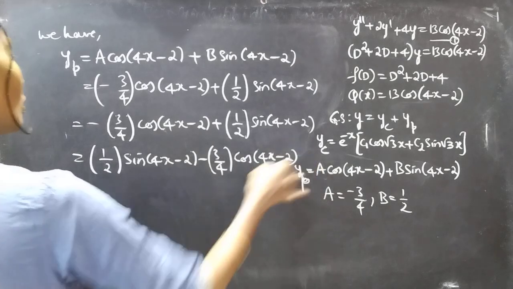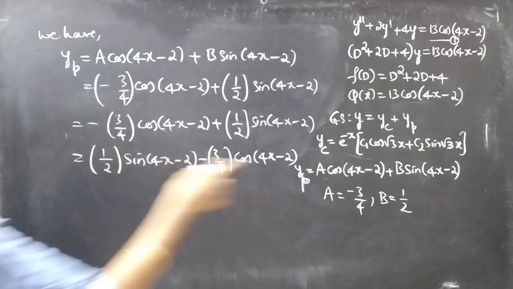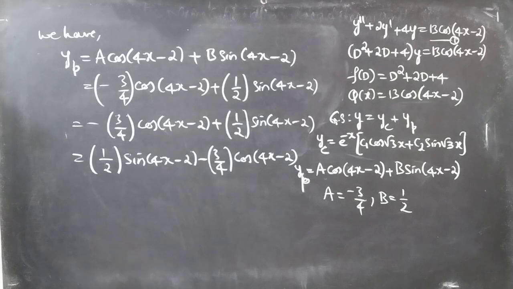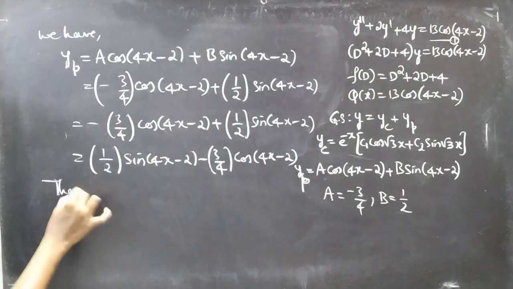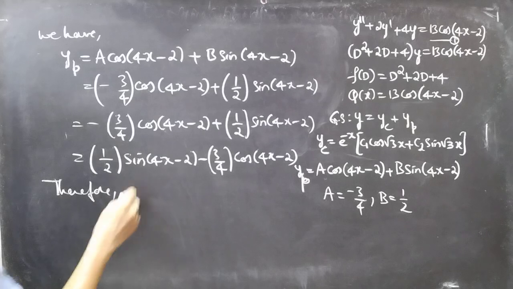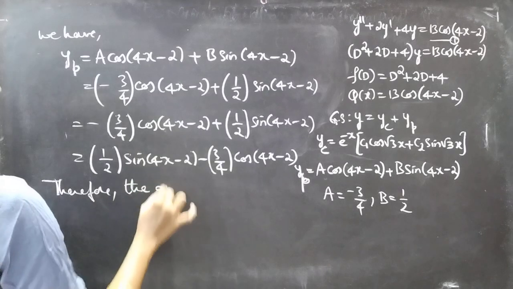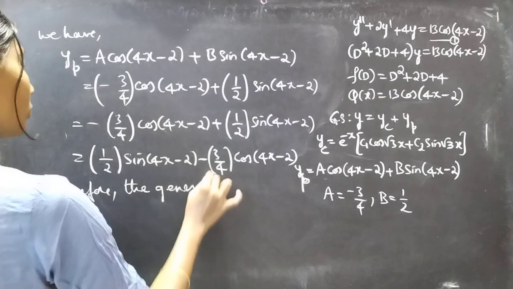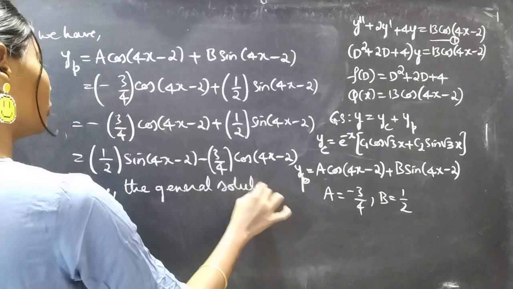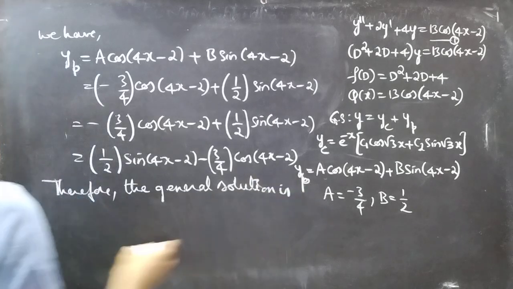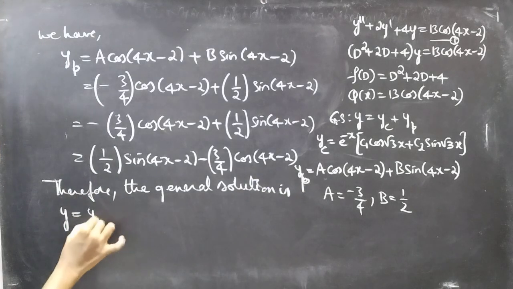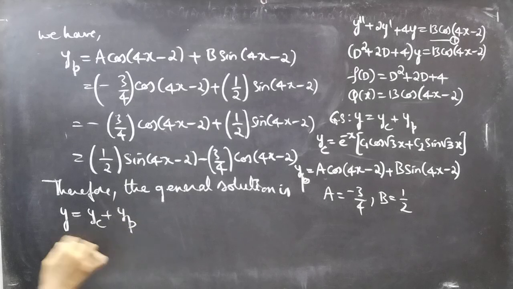Okay, we got yp and yc. Let's now write the general solution using y equal to yc plus yp. Therefore, the general solution is given by y equal to yc plus yp, right?